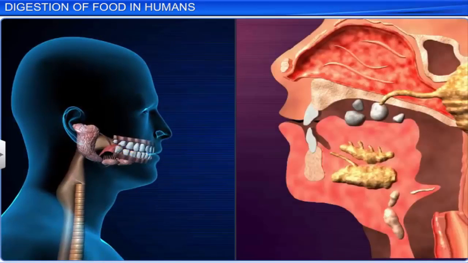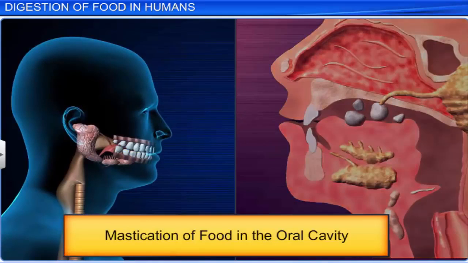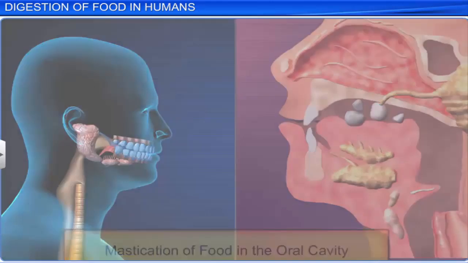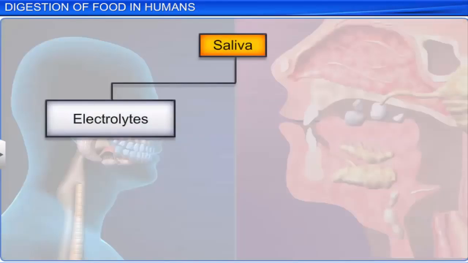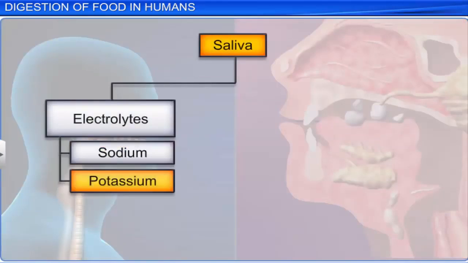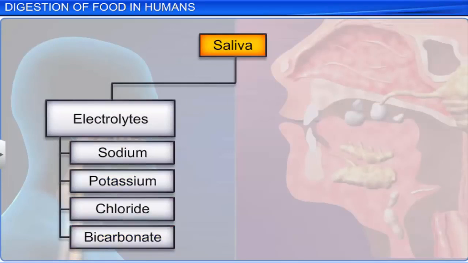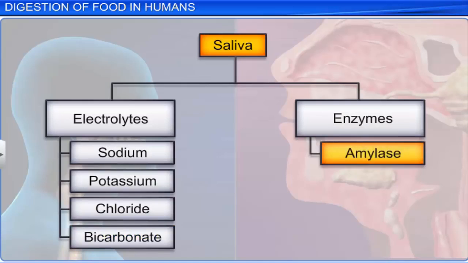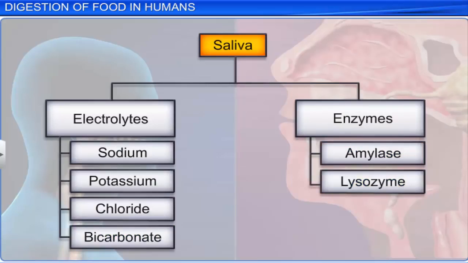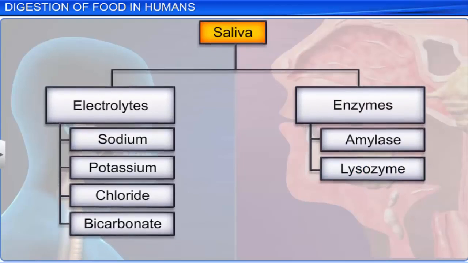The teeth, present in the oral cavity, masticate the food, while the tongue mixes it with saliva, which is rich in electrolytes such as sodium, potassium, chloride, and bicarbonate ions, and various enzymes such as salivary amylase and lysozyme. Each of the salivary components has its own function.